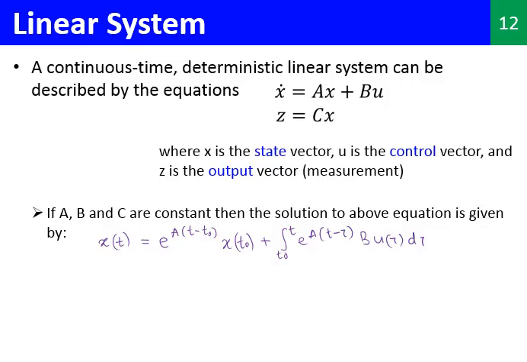And z(t) would be as it is. Here t naught is the initial time of the system, usually taken as 0.